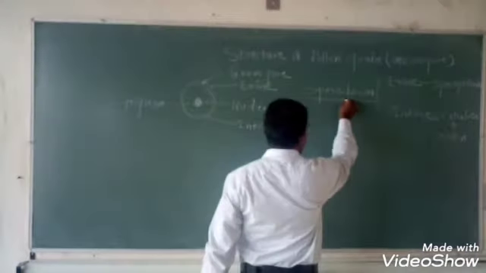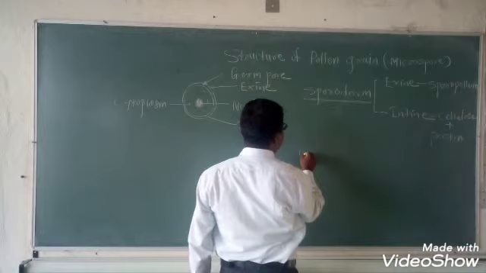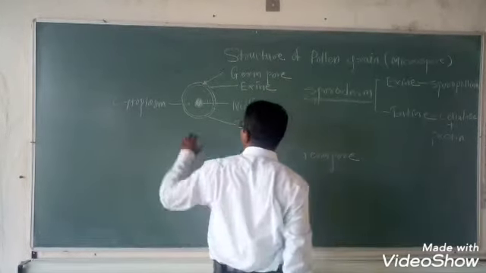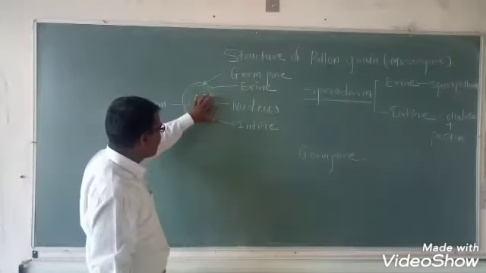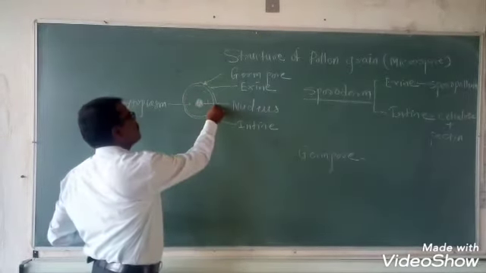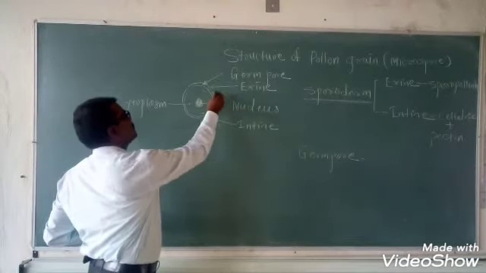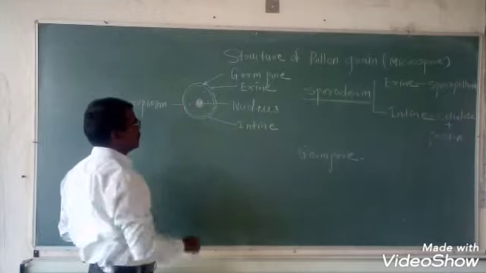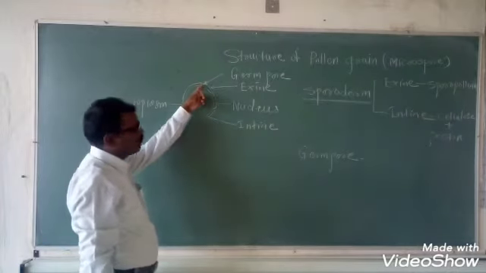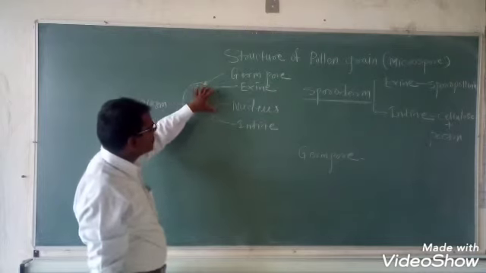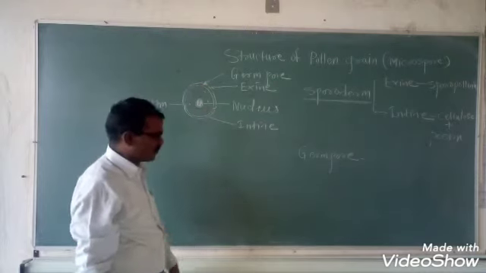Then about the germ pores. This is the sporoderm. Germ pores are the openings on the pollen grain. First germ pore, this is the second germ pore, this is the third germ pore. There are three openings on the pollen grain, because the exine is not continuous.